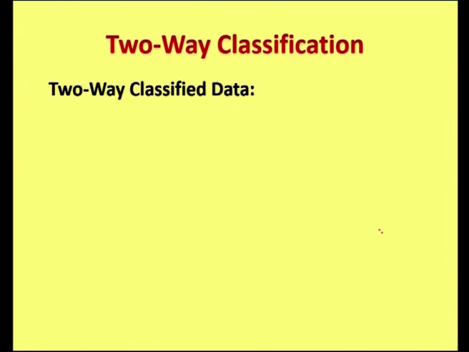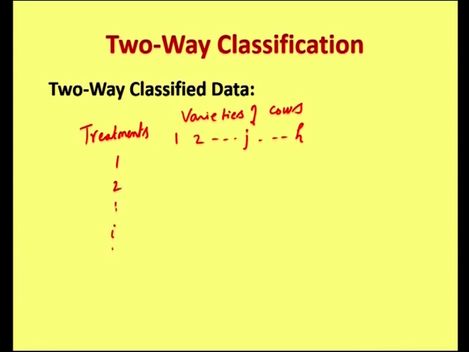And this is the two-way classified data. Here we have treatments as one factor and varieties of cows as another factor. Here we have H varieties and under treatments we have K types of treatments.